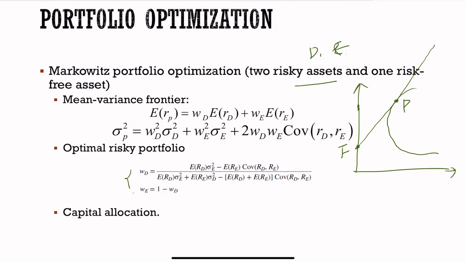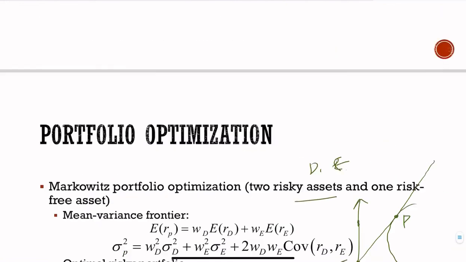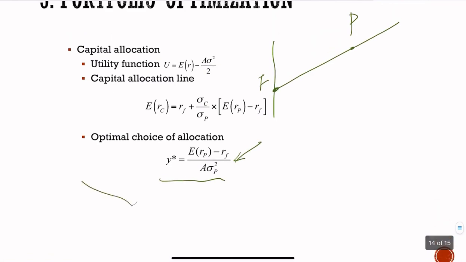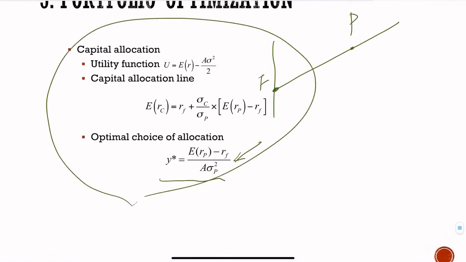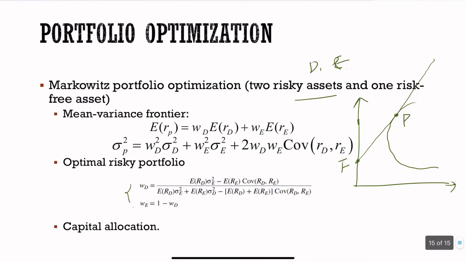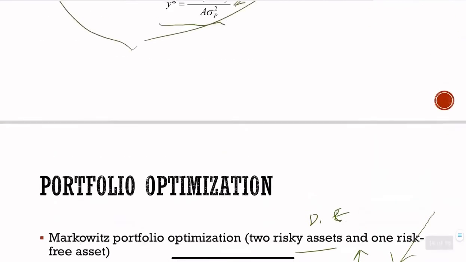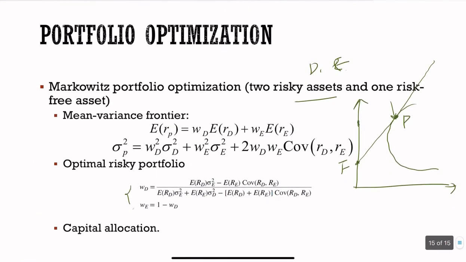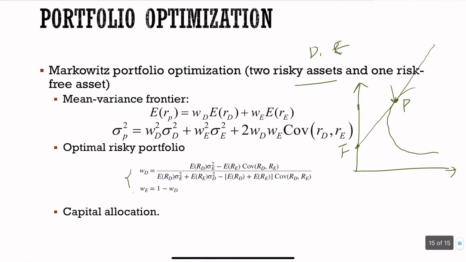And then you have this optimal allocation, which is really about capital allocation. After getting the optimal risky portfolio P, you could use this formula to solve how much you want to allocate into P versus how much into the risk-free asset F.